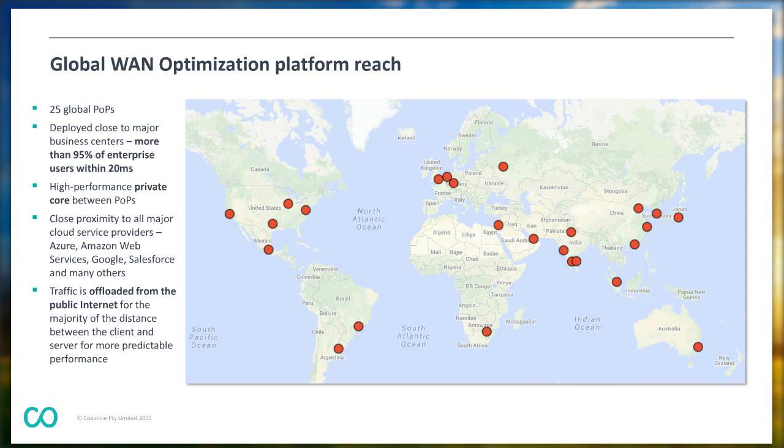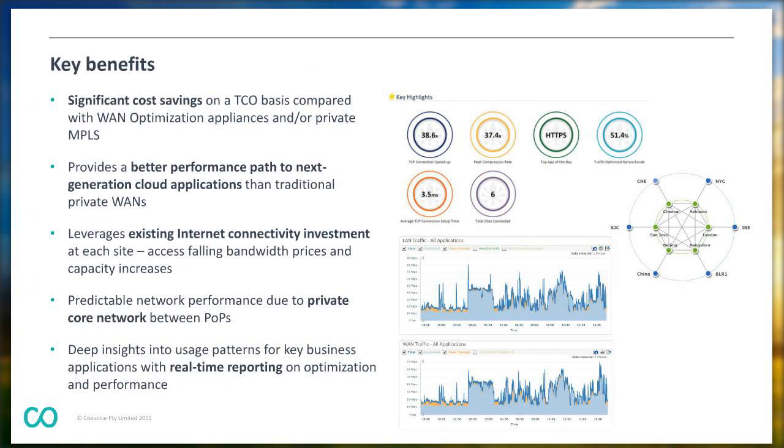So the key benefits of this solution, by far the biggest benefit is a cost savings one. So we're eliminating the CapEx component of this. We're not using CapEx heavy appliances like a traditional WAN optimization solution. And we have this subscription-based model that on a TCO basis shows significant benefits over a traditional appliance solution running over a traditional MPLS network, for example.